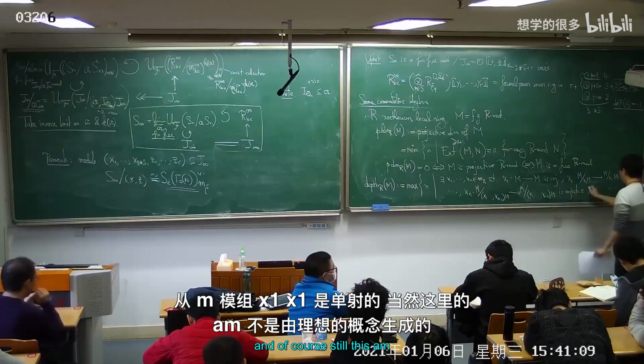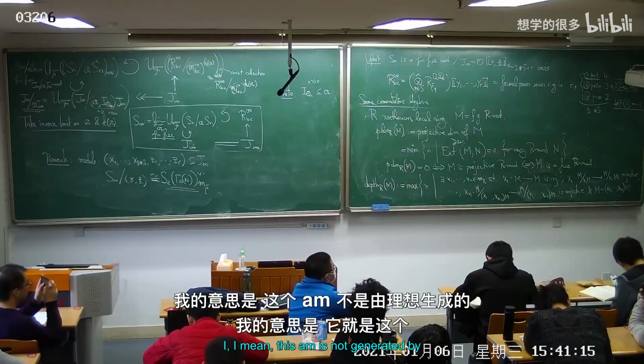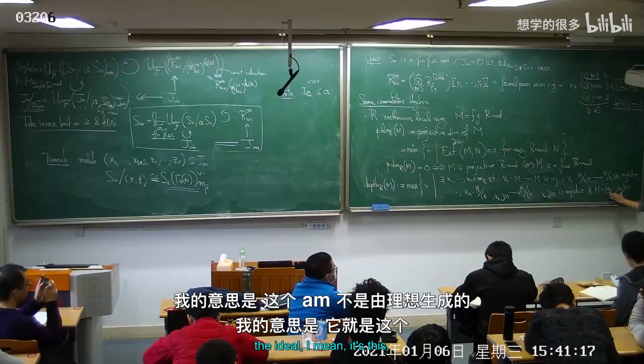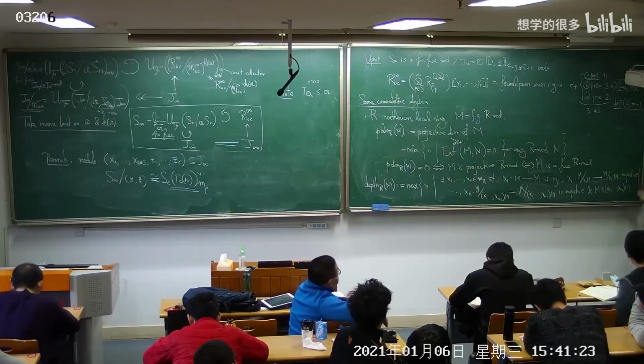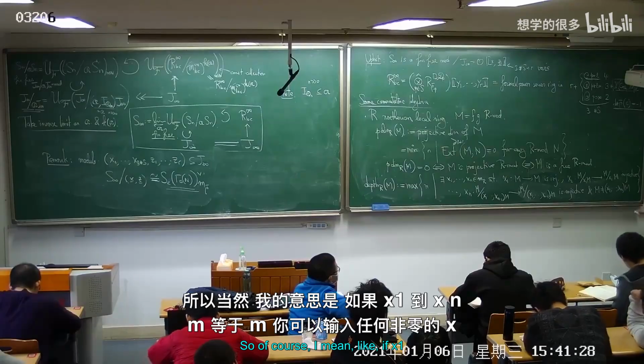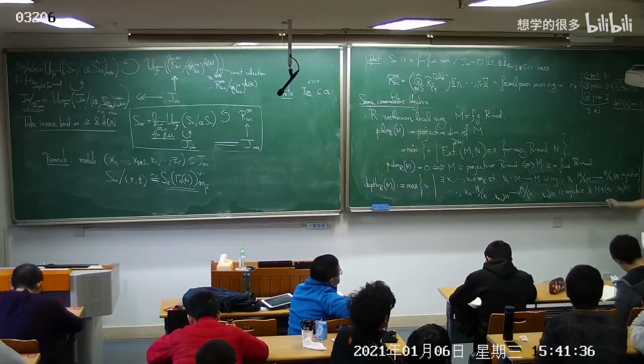And of course, still this M is not equal to (x1, ..., xn)M. Of course, if x1 through xn M equals M, you can put in any nonzero x, and the corresponding map is injective because 0 to 0.